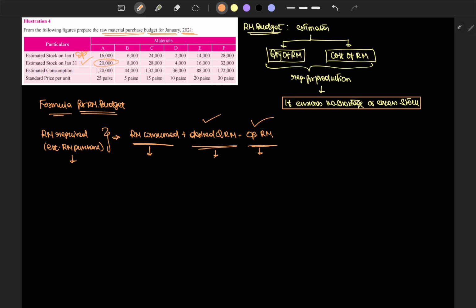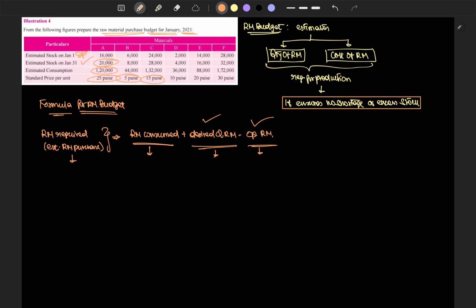And the estimated consumption level is also provided, how much they need to produce for the concerned production budget. And the purchase price is also given, the standard price is also given.